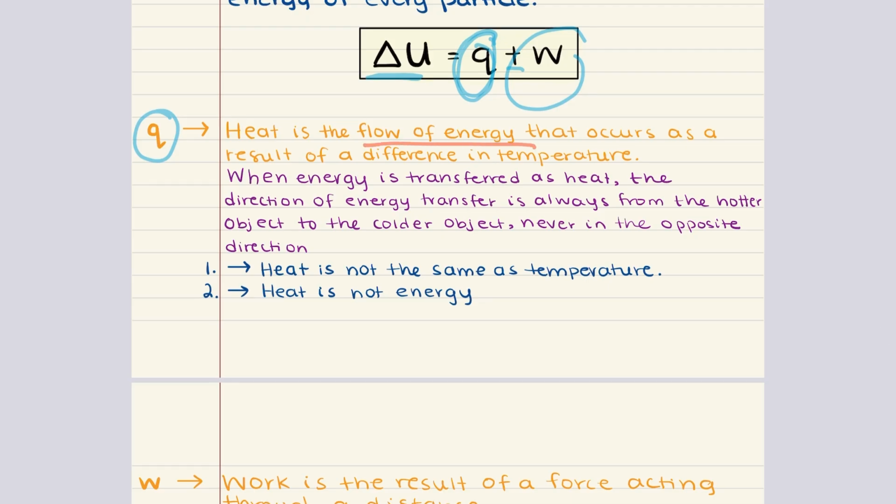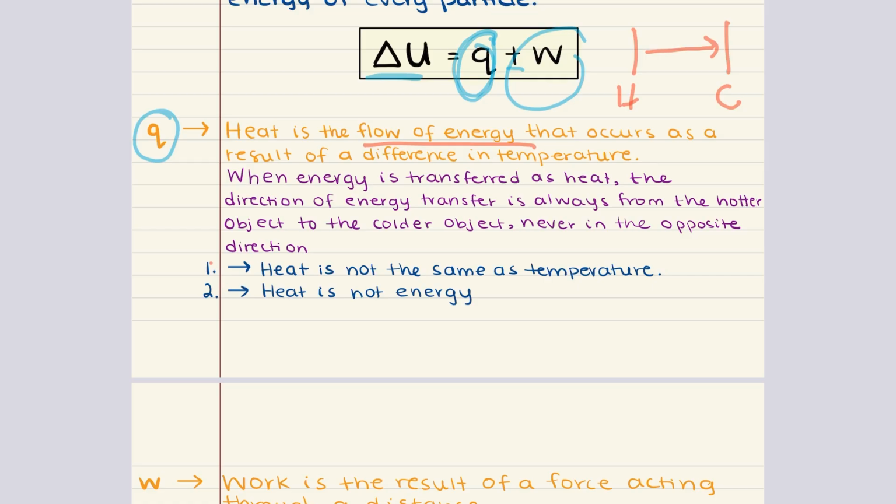Heat is the flow of energy that happens because there's a temperature difference between two things. Energy will always flow from hot to cold, never the other way around. So if you drop an ice cube into hot coffee, the heat flows from the coffee into the ice, not the other way around. Here it's important to clarify two common misconceptions.